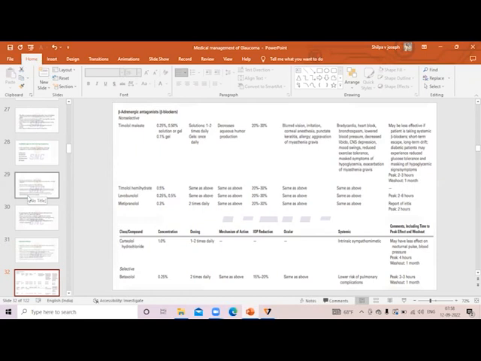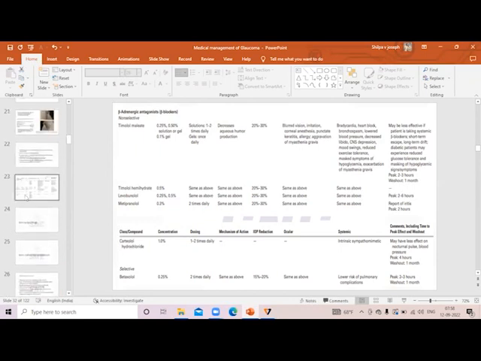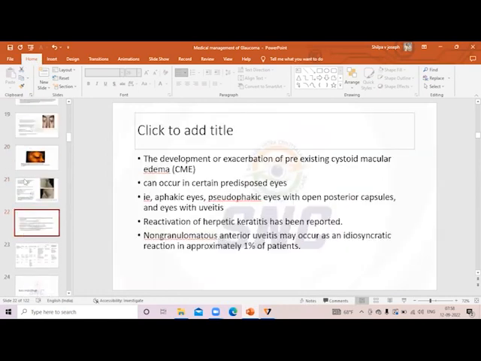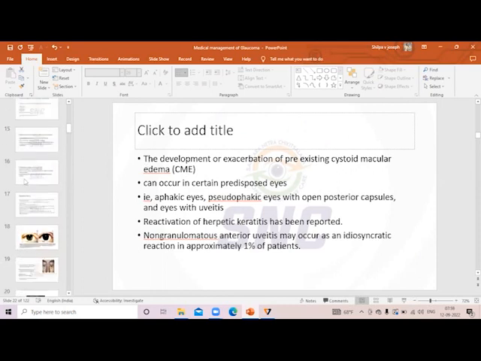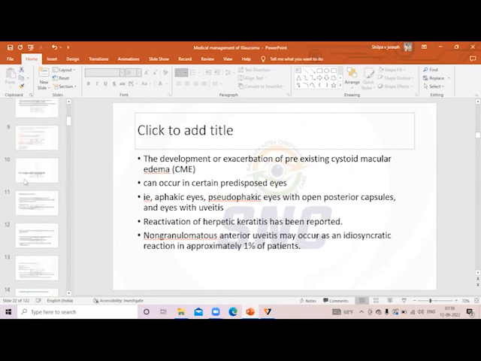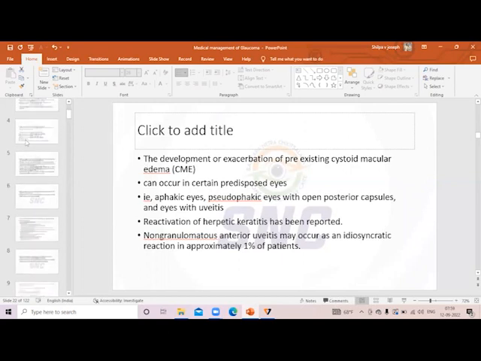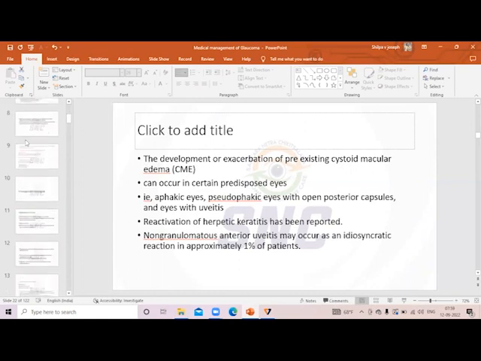I just want to highlight one more thing: within the prostaglandin group, we can shift to another prostaglandin if one is not effective or not tolerated. So if the patient is allergic to latanoprost, we can still try travoprost or bimatoprost. These drugs are available as unit-dose vials in Western countries, so you have only one drop in each vial, you can discard it, and there is no need to store it.